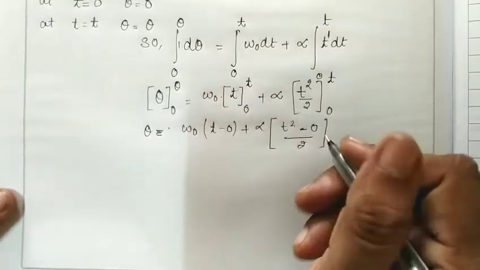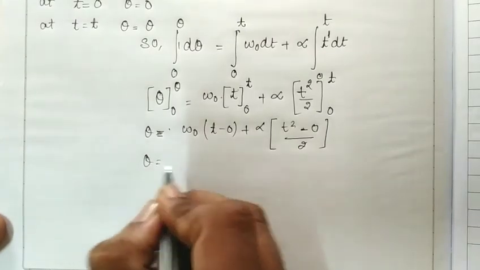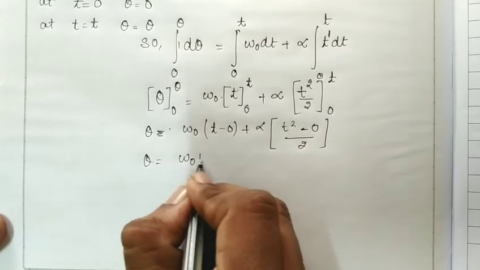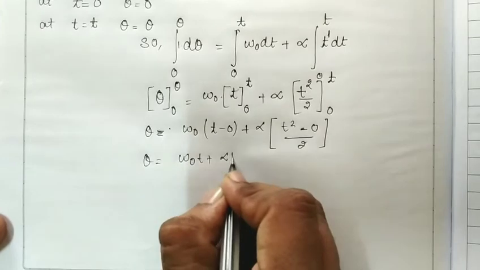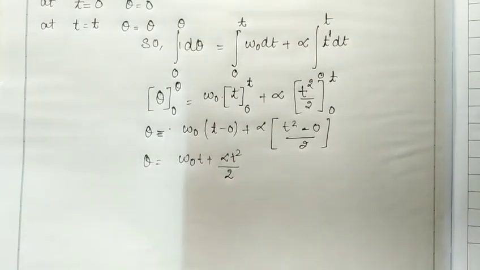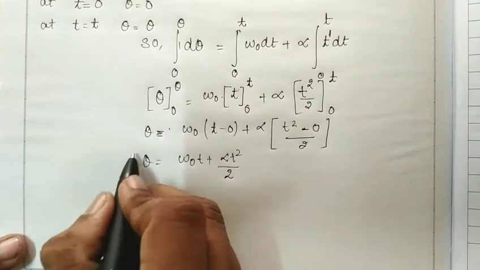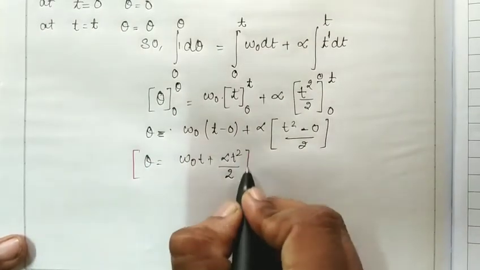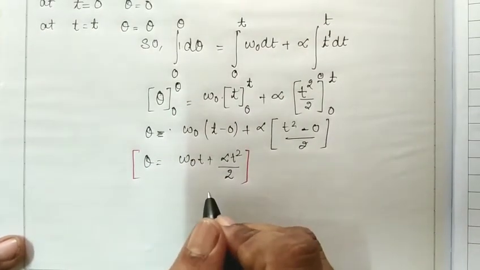So from this we can conclude that theta is equal to omega naught t plus alpha t square by 2. This is the second equation of motion when a body possesses rotational motion.